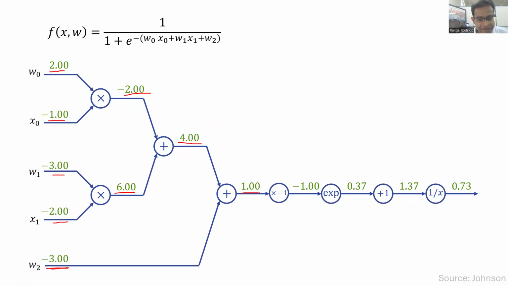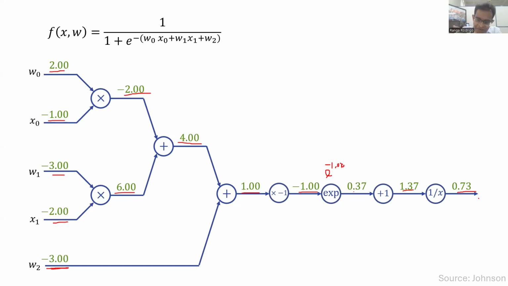You get 1 here, and 1 you have to negate. You have minus 1. e to the power of minus 1. This is what you're computing, right? There you get 0.37, add 1 to that, 1.37, and get 1 over that. This is the final value due to this input.